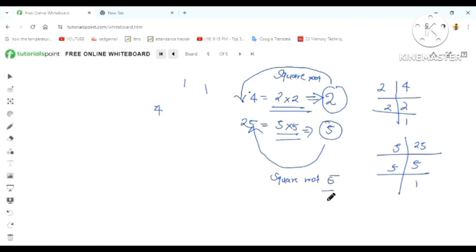Let's say 81 is a number. You can find the square root of this 81 by repeated subtraction. By doing the repeated subtraction, you can find the square root of 81, like 81 minus 1, it will be 80, minus the next odd number, that is 3.